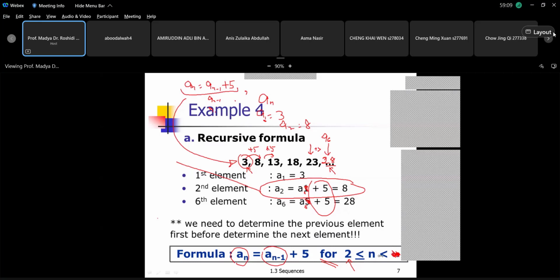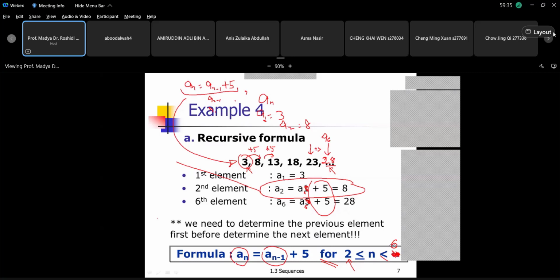Here we change, we put equal. So the question is, what is the value we put at this place? Once we know the ending point is 28, the value is based on how many elements or numbers are involved in this sequence. Here 1, 2, 3, 4, 5, 6. So we put here 6.